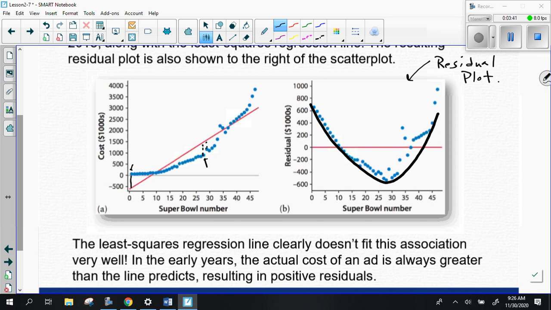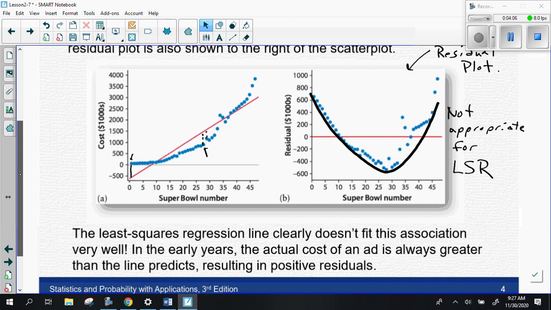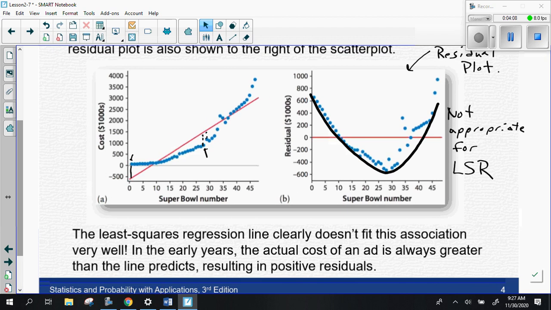If there is a pattern like that, then we would say that this is not appropriate for least squares regression because of the pattern. And that's what it's saying down here. It would not fit very well.